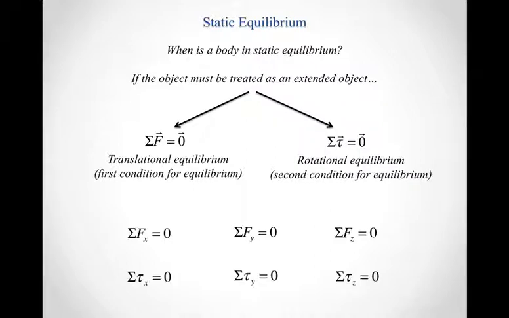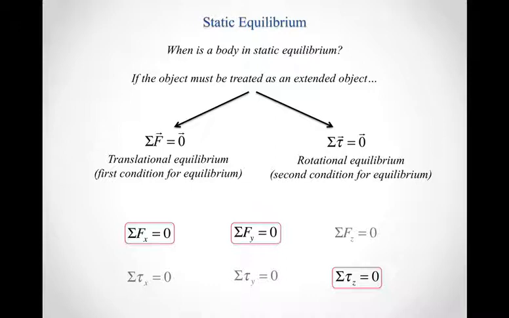Because this is a vector statement, you can say that the net torque about some pivot point in x equals 0, the net torque about some pivot point in y equals 0, the net torque about some pivot point in the z direction equals 0. Now, for this class, again, we're going to focus on problems where we can draw all the forces acting in the xy plane, which means we can have up to two force equations.